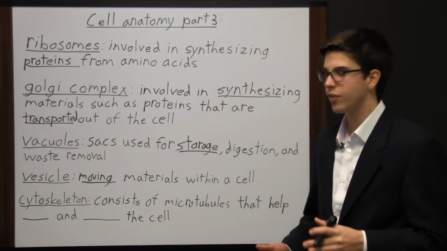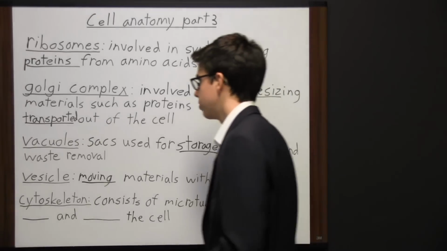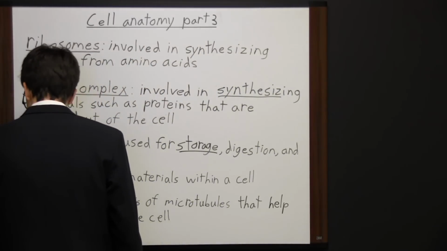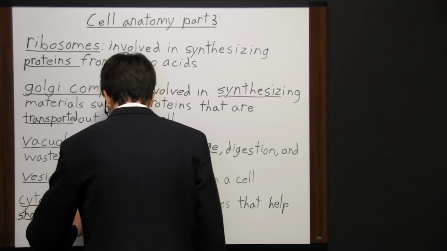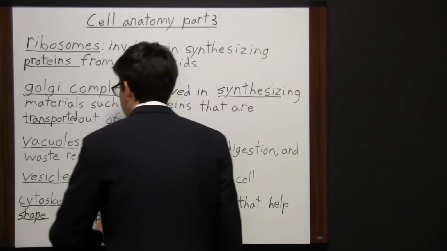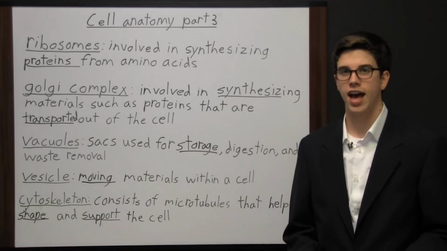And then finally we have the cytoskeleton, which consists of microtubules that help shape and support the cell. So that's a look at some parts of cell anatomy.